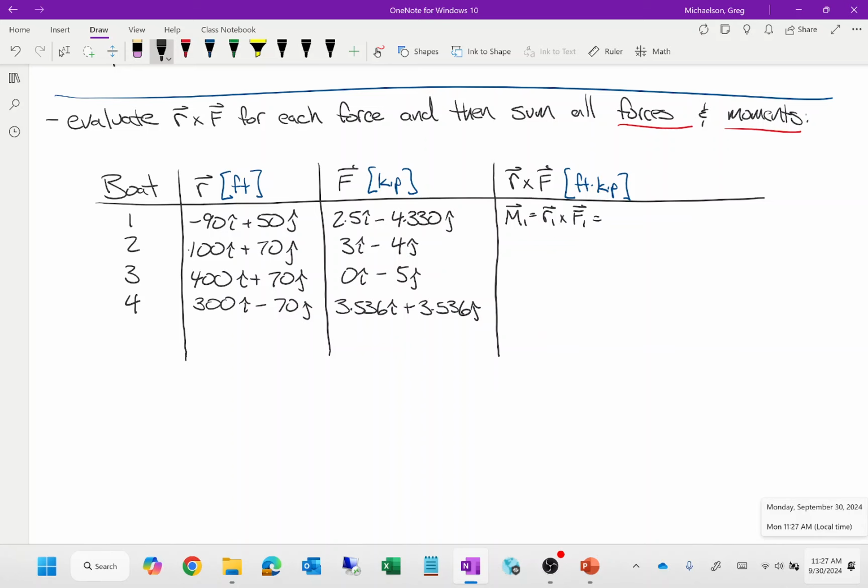But how are we going to do that? We're going to use this, right? Rx Fy minus Ry Fx. So what is Rx Fy minus Ry Fx?